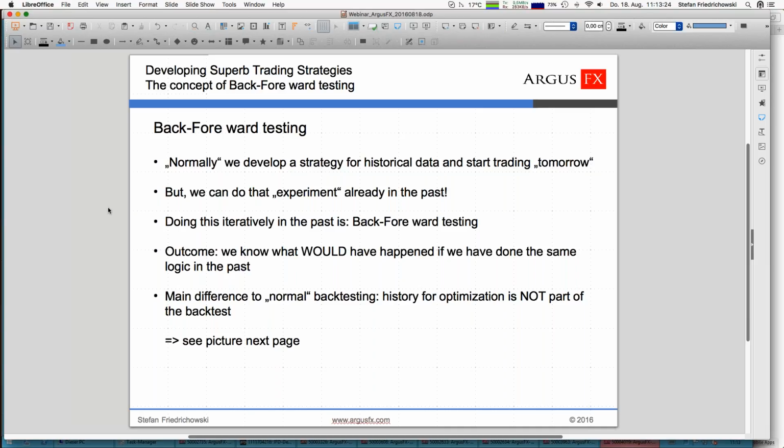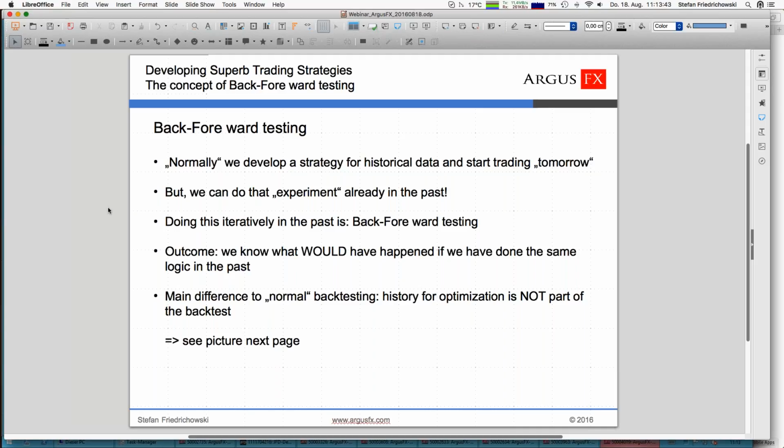But what is the outcome? The outcome is, if we do something like that, that we exactly would know what would have happened in the past if we would apply that kind of logic.